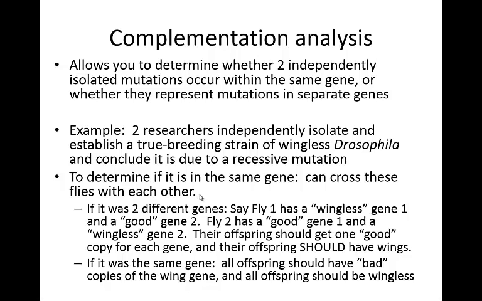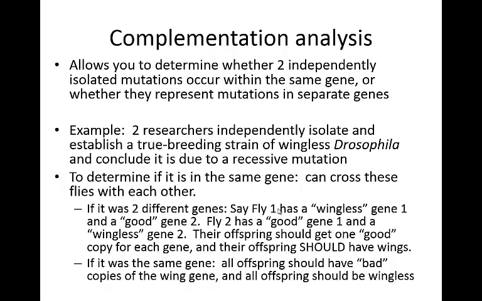If it happened to be two different genes, let's say fly 1 has a wingless gene 1 and a good gene 2, and fly 2 has a good gene 1 and a wingless gene 2, if you were to cross them, they should complement one another such that their offspring should get one good copy, and I use the word good colloquially, but one good copy of each gene, and then their offspring should have wings because of this.